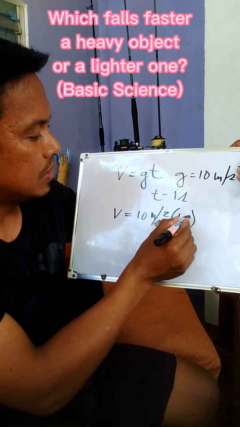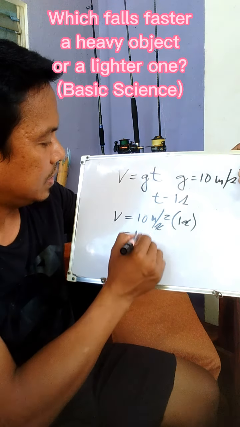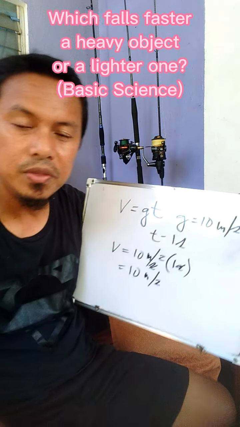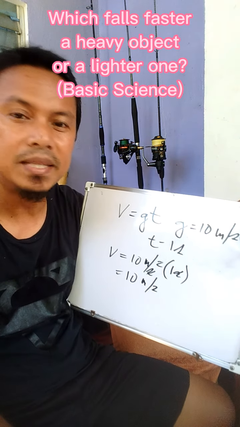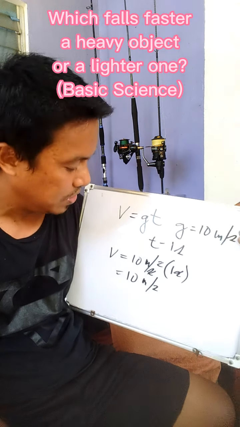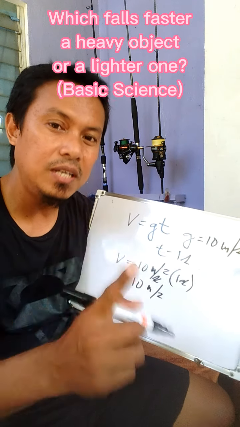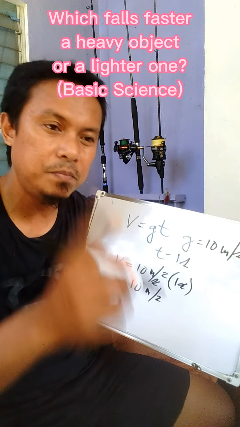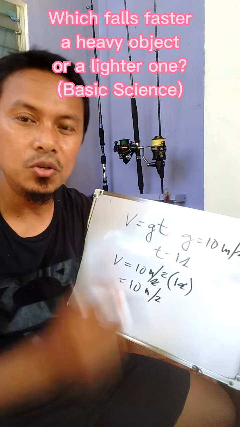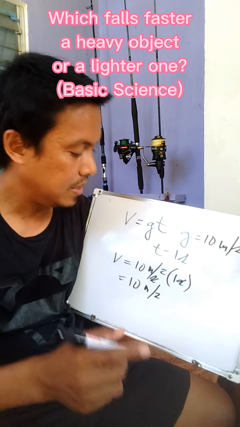Cancel the second here, then you have 10 times 1, 10 meters per second. So both the piece of cloth and the metallic lure after 1 second will achieve a velocity of 10 meters per second, since the change in speed for a freely falling object is always 10 meters per second per second.